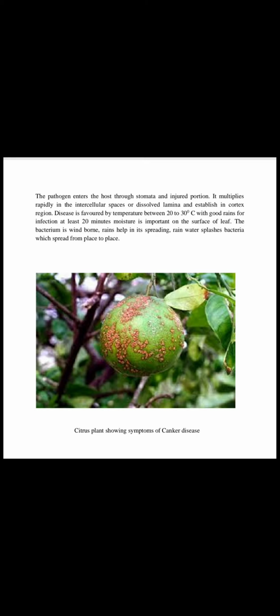This bacterium is wind-borne and spreads widely. Rain helps in its spreading. Rainwater splashes bacteria from one place to another, and this is how the bacteria spread the disease and show their symptoms. This picture shows the exact look of this disease.